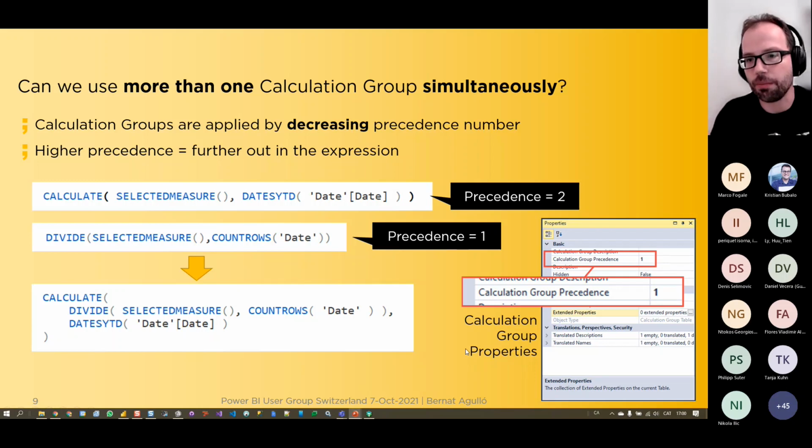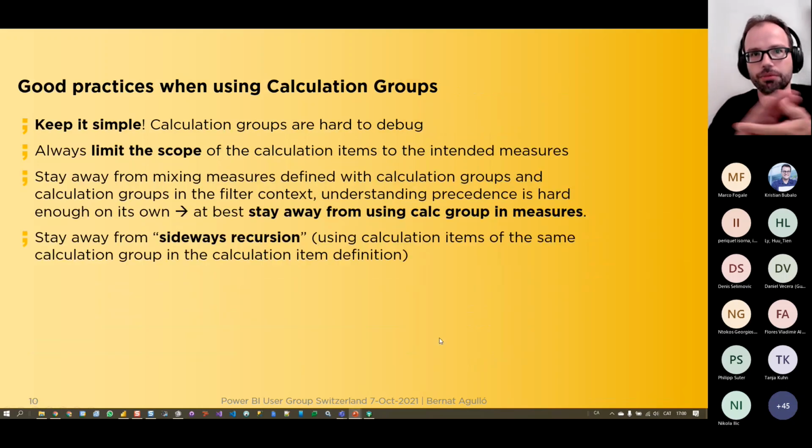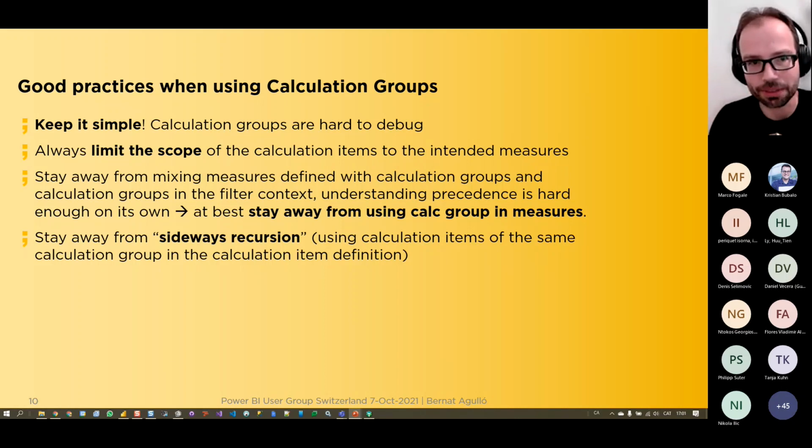But this is complicated, so here are some good practices when using calculation groups. Keep it simple, because you don't really get to see the final data that is evaluated. So when things go awry, it's hard to tell. Do it step by step. Limit the scope, for example with the if selected measure, because otherwise you might get into problems.